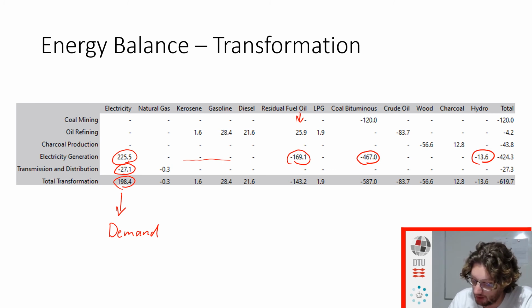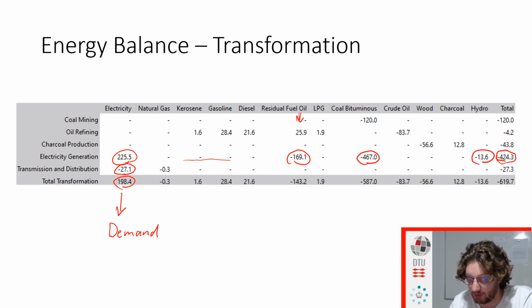You can also see here the net total, which in this case means more or less the losses, is 424 when our production is only 225. So we have quite a lot of losses, which makes sense because most of it is thermal based. So that's how you read the transformation part of it.